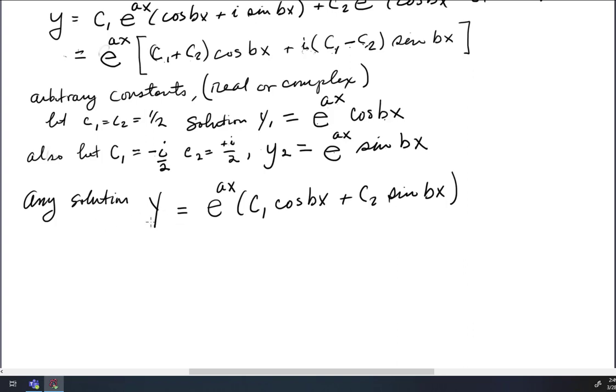Any solution y can be written in this form. And, well, here's why we have gone through this process, because notice that I've now got a general solution that doesn't involve i. That is, it's a real general solution. So that's what we do with complex conjugate pairs.